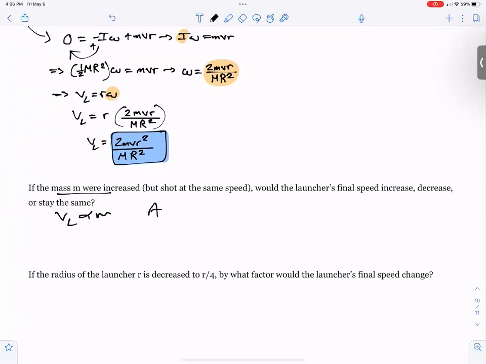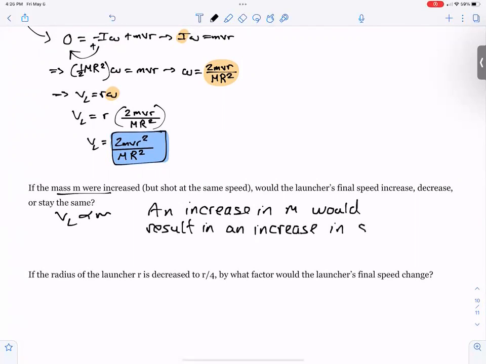So an increase in mass would result in an increase in speed. So the launcher speed would increase.